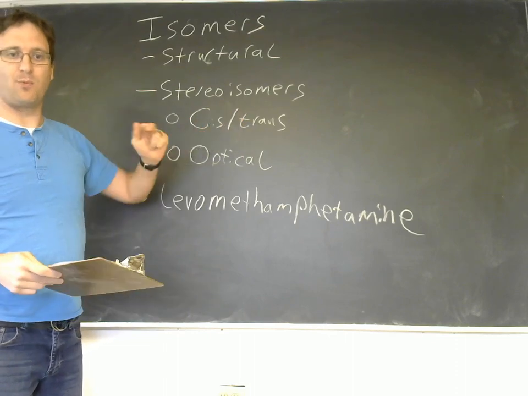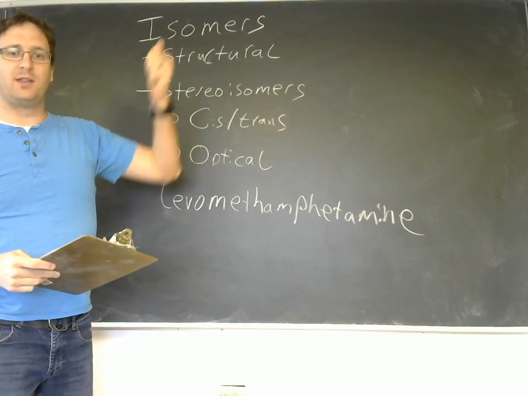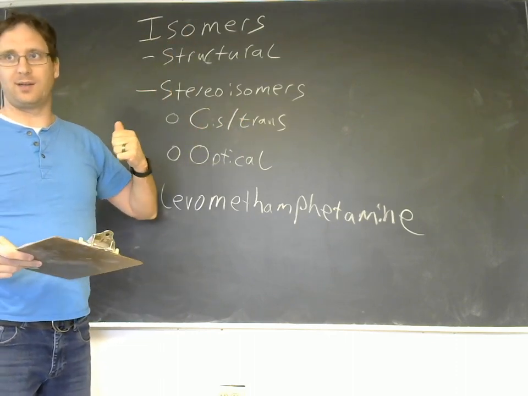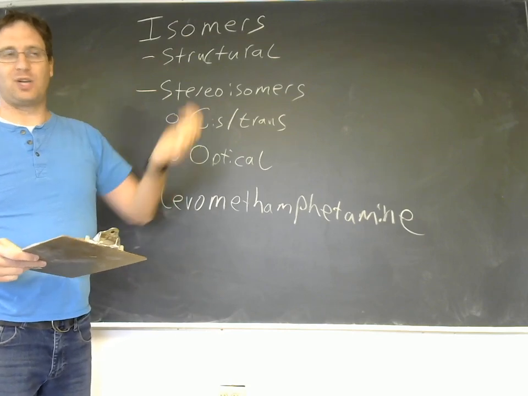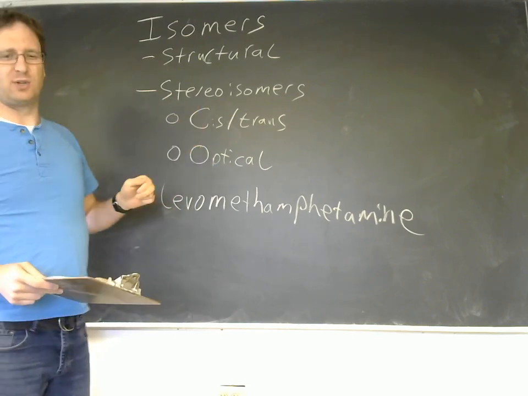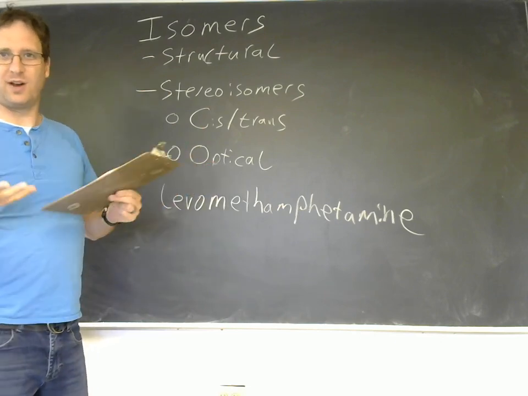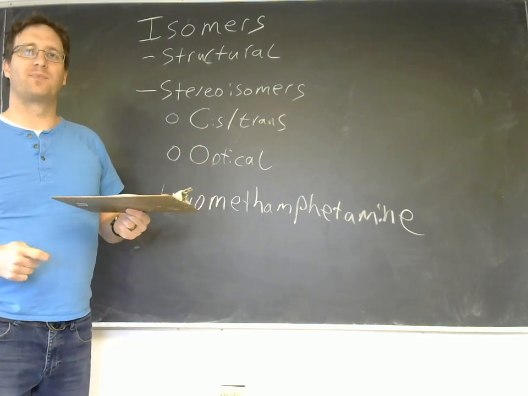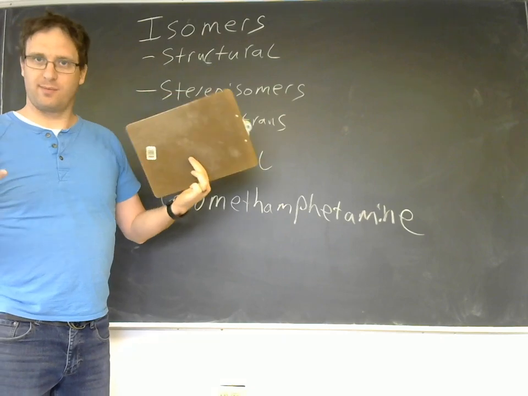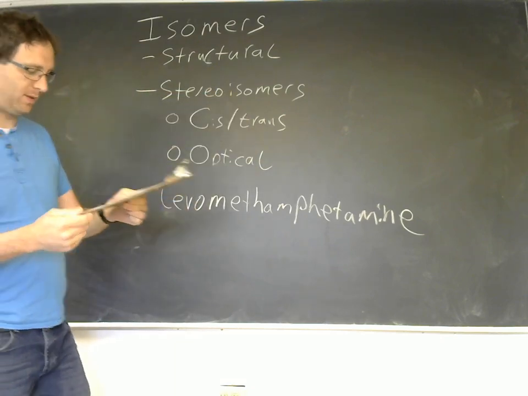Cis-trans is all about what side of a double bond the substituted alkyl chains are on. Optical isomers have to do with left-handed versus right-handedness, or how the mirror image is non-superimposable. Okay, we'll stop it there.